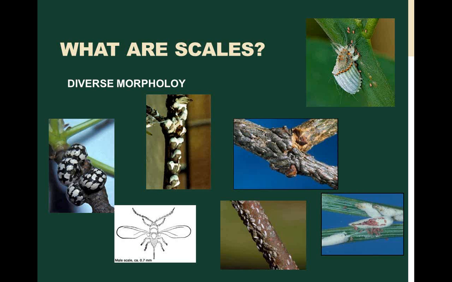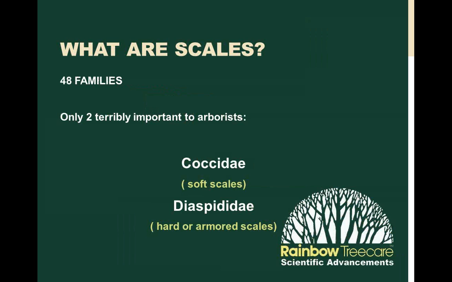They're fairly attractive looking in some ways. Some of them are somewhat camouflaged. Most homeowners have difficulty finding scales on their trees and shrubs, and it takes an arborist, oftentimes with a hand lens, to actually see the scales, because many times the scales will imitate lenticels on a twig. They'll also imitate a bud.